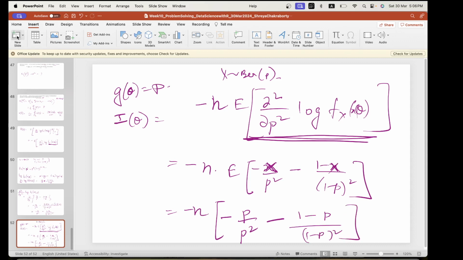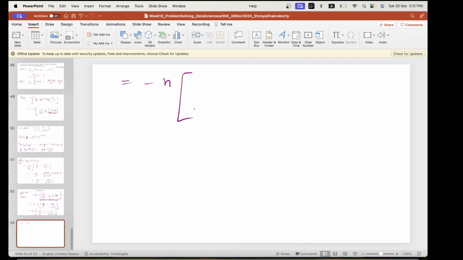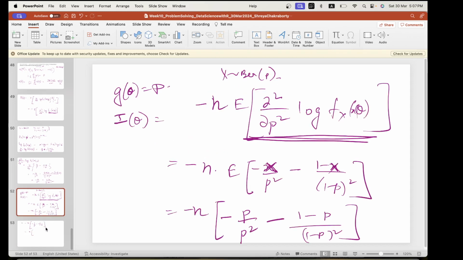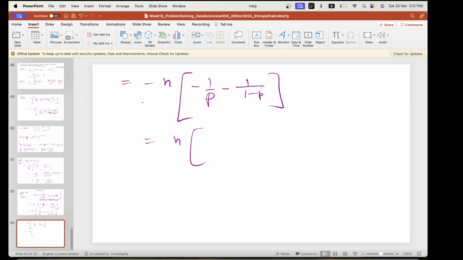So what do we have here? We have minus n into minus 1 by p minus 1 by 1 minus p. So what do we have? n into 1 by p plus 1 by 1 minus p.